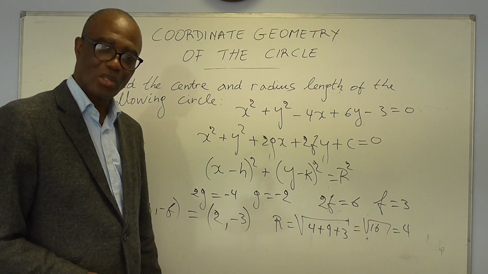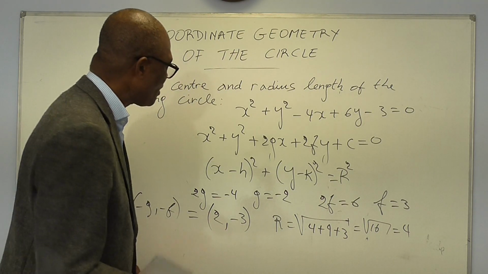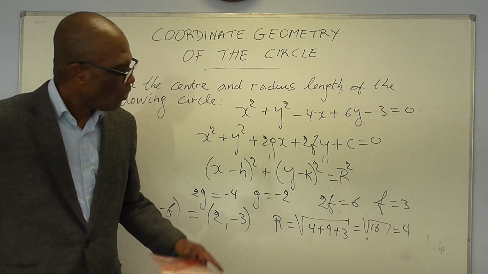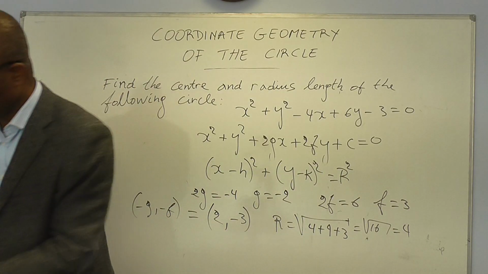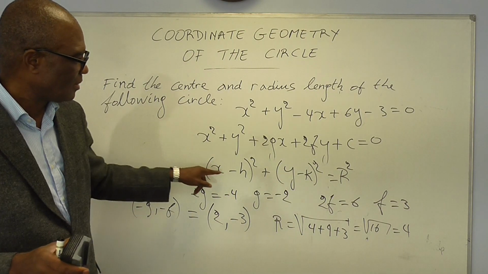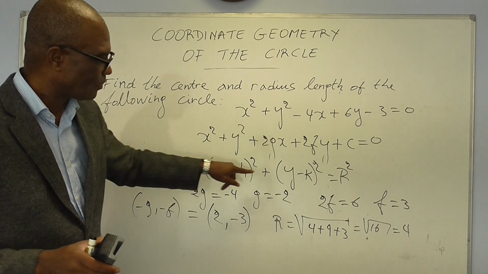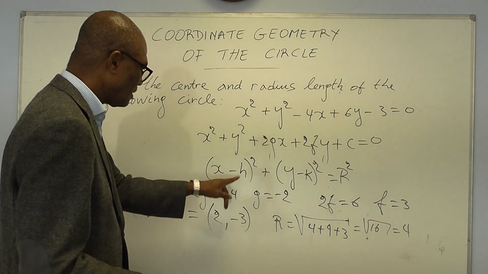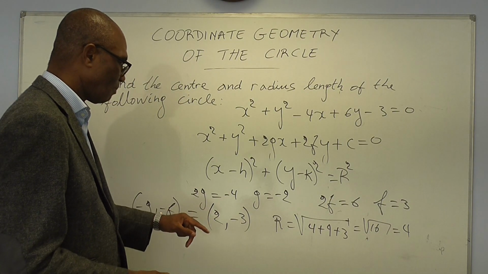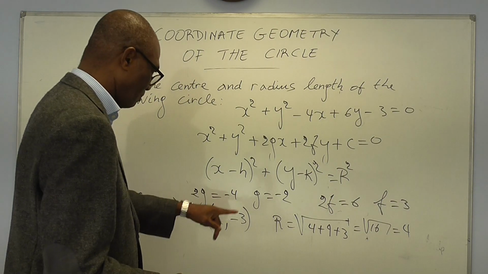Our radius is equal to 4. Now, we are going to write this equation this way. So we are going to replace h by, what is h?